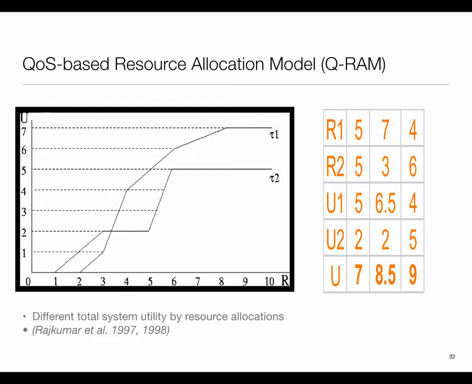So I'm basically saying what is the relationship between the service and the quality. The more service you give, namely more resources, the more quality you get out of it, and in many ways this reward or utility is an indication of the quality that one is getting out of it.